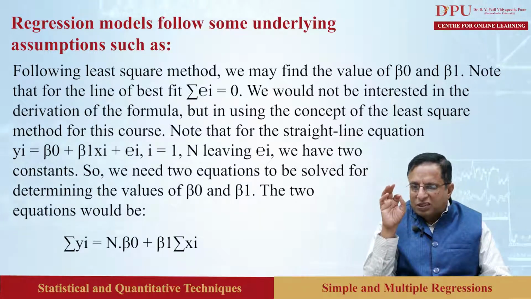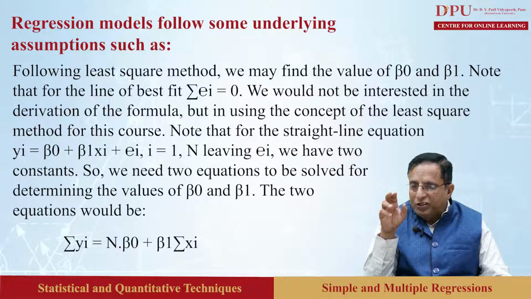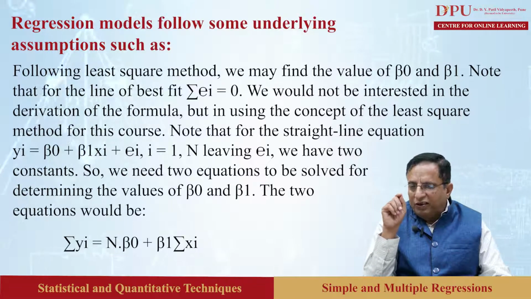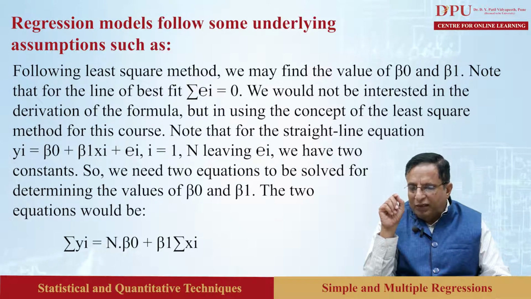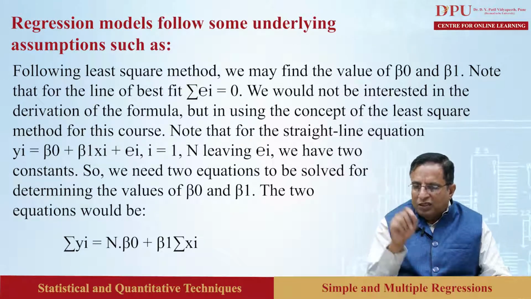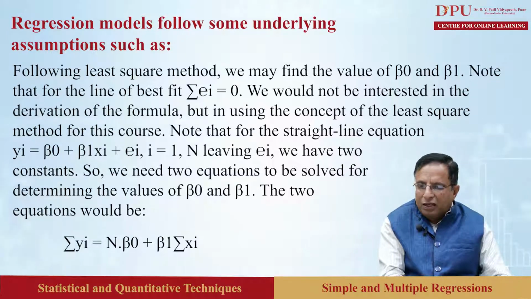We have two constants, so we need two equations to be solved for determining the values of beta naught and beta 1. The two equations would be sigma yi is equal to n beta naught plus beta 1 sigma xi.